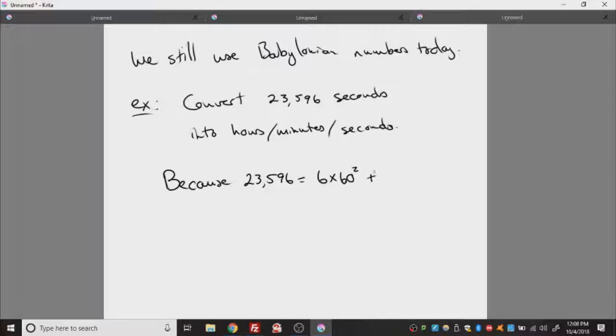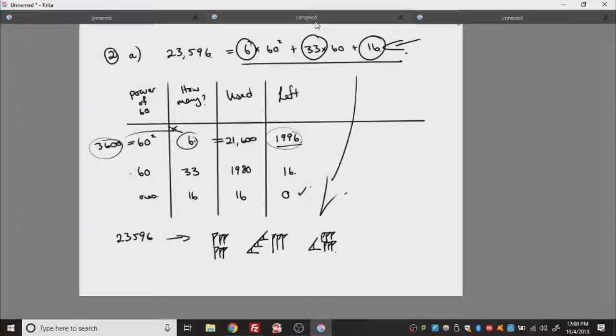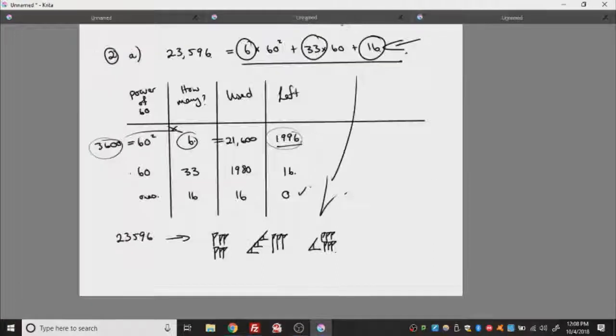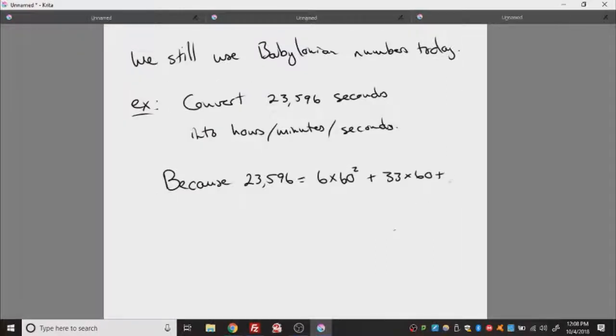What was the other one here? I can't remember. 33 times 60. Where is my cursor? There it is. And what was the other one? 16. It is 6 hours, 33 minutes, and 16 seconds.